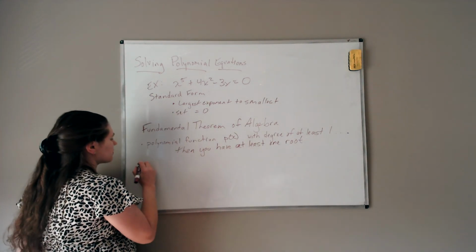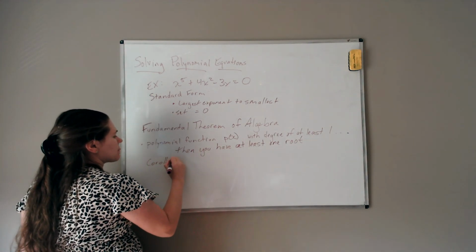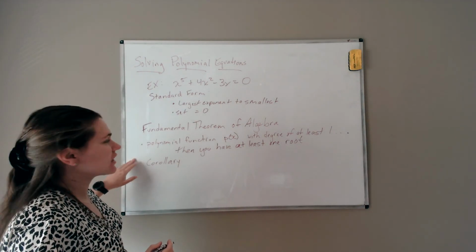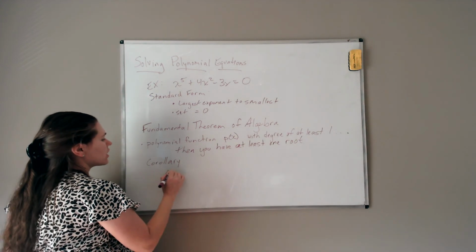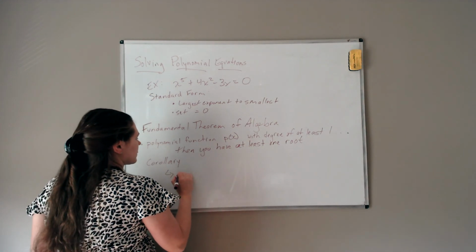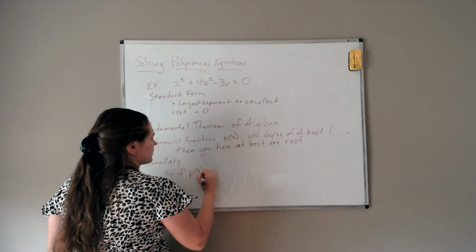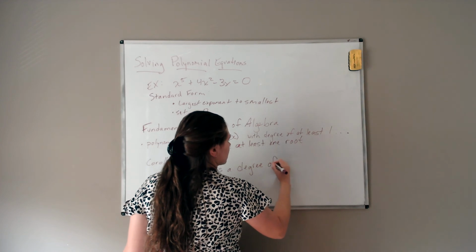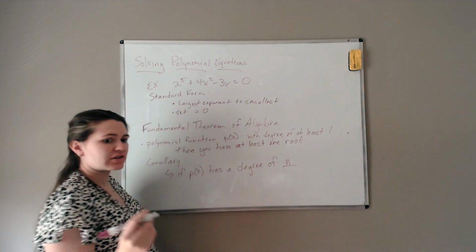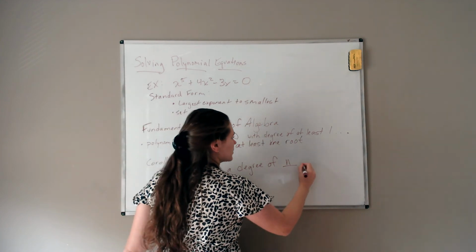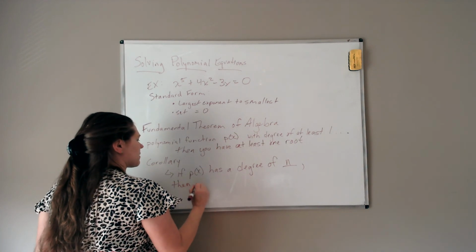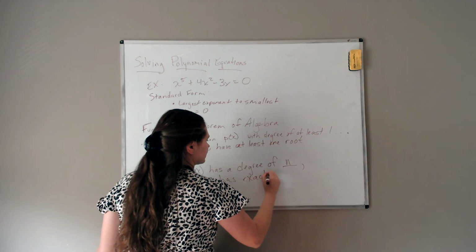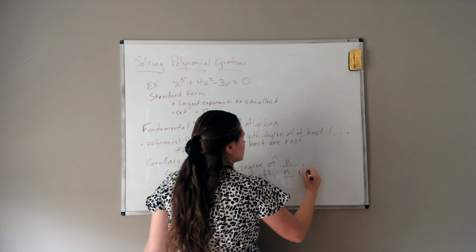Now, what's really important is the corollary. It's kind of like an addition, an extension of the fundamental theorem of algebra. And what the corollary says is, if p of x has a degree of n, because it has the ability to change, so if the degree of the polynomial is n, then p of x has exactly n roots.